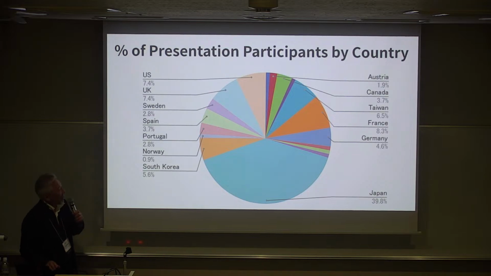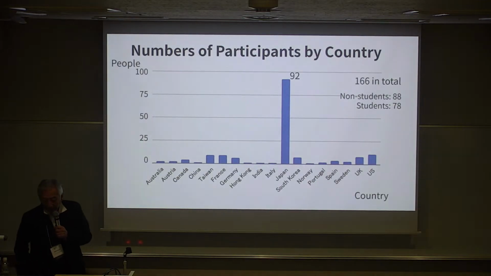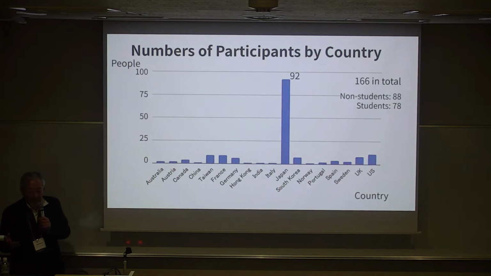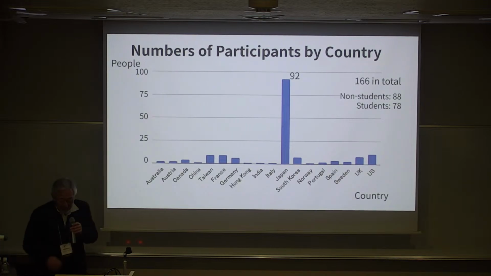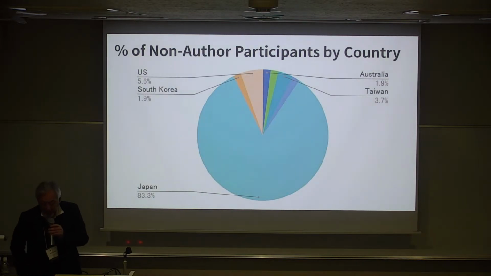See the Japanese portion. And also the numbers of participants by country is like this. This is the latest information. And third, the percentage of non-author participants by country. Like this.